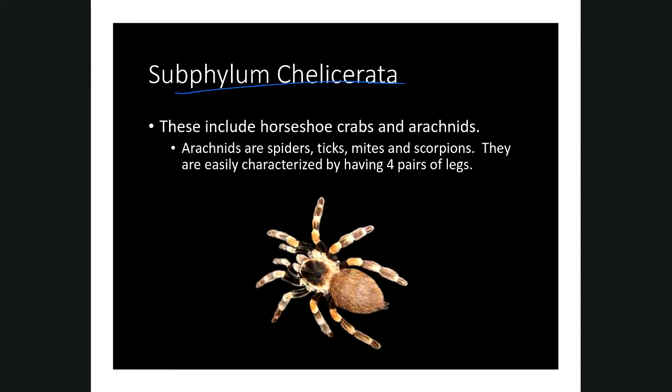These include, I don't know if you guys have seen them, the horseshoe crabs. Maybe you've seen them at the beach. They look like a large shell, like a large rounded crab.